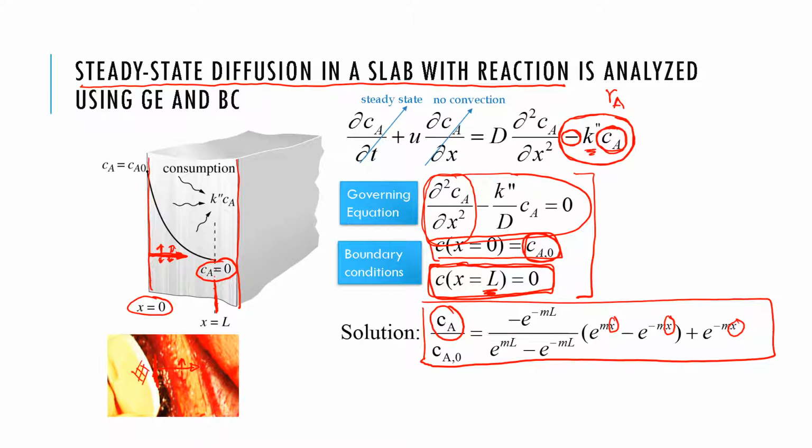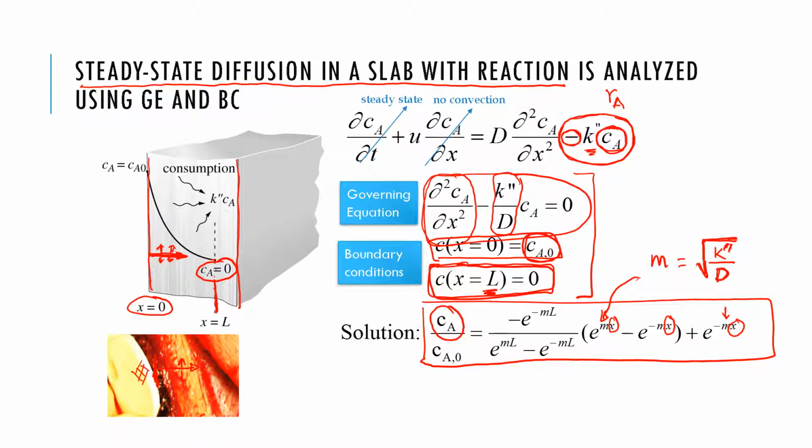The two parameters that we had, remember we had k double prime over D, are in this m. So m equals square root of k double prime over D. So the two parameters, reaction rate constant and diffusivity, are included in this m that you see.